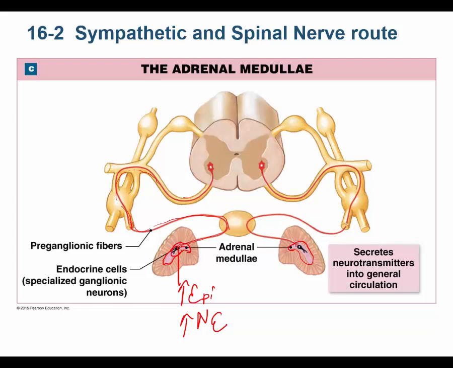So this cell right here, this black cell that you see here, is an adrenal medullary cell. But really, the best way to think of it right now is that it's a modified postganglionic nerve. And it's going to secrete epinephrine and norepinephrine. It secretes them to the bloodstream because these epinephrines and norepinephrines are hormones. So it's going to secrete those hormones to the bloodstream.